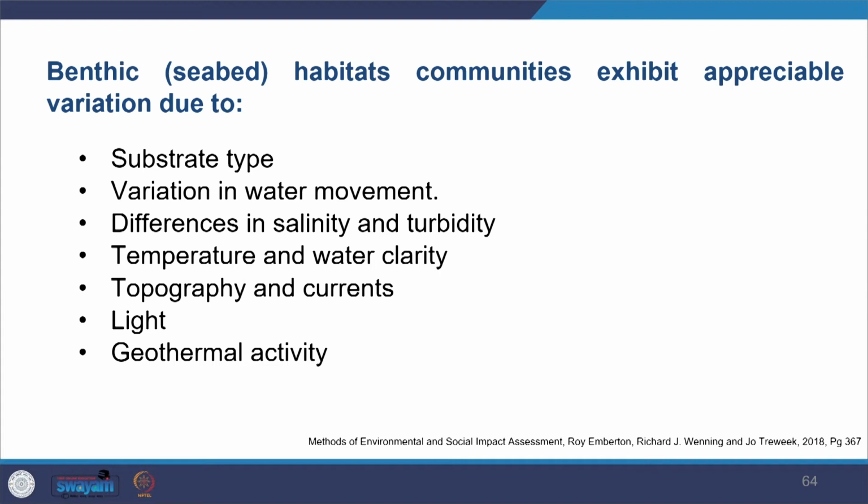And there are a lot of differences in the salinity and turbidity in this particular area. And then there's also variation in the temperature and water clarity. You would also see a difference in topography, currents, light, and geothermal activity in this particular zone.